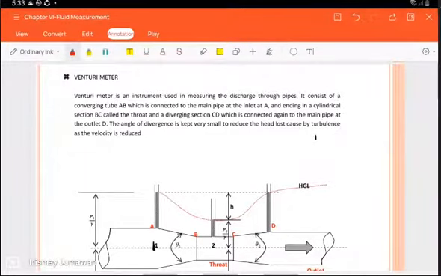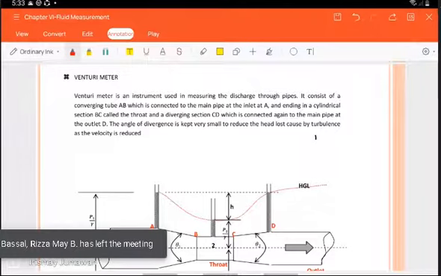In fluid mechanics, it is more on theoretical. This is only the application of Bernoulli's equation. But here, in the subject of hydraulics, I am introducing you to the coefficient. Here you solve for the actual flow.